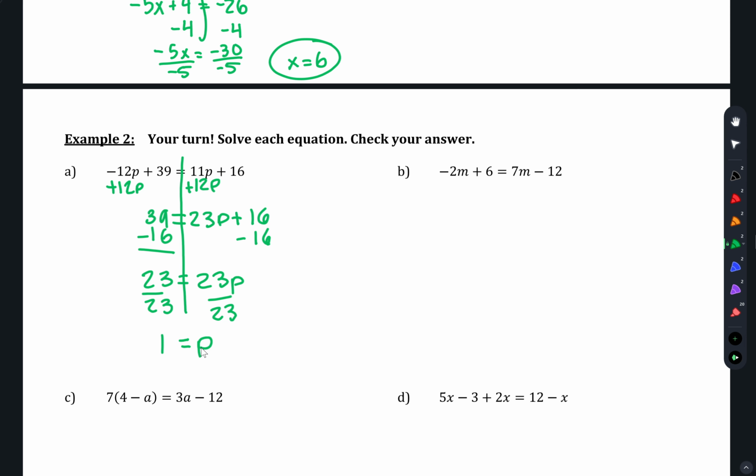Who's got letter B? Yeah, that looks right. You can zoom with your fingers. The back is the eraser.